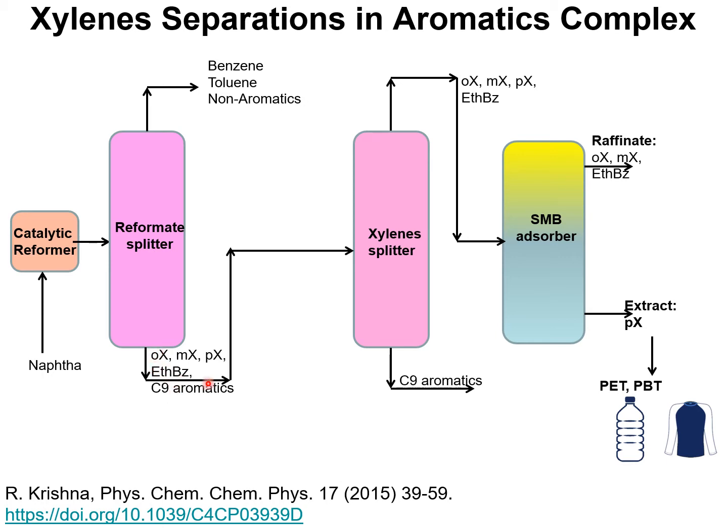The bottom stream from the raffinate splitter is further distilled in a xylenes splitter, in which the top product consists of the C8 hydrocarbons, ortho-xylene, meta-xylene, para-xylene, and ethylbenzene, and the bottom product is the C9 aromatics.